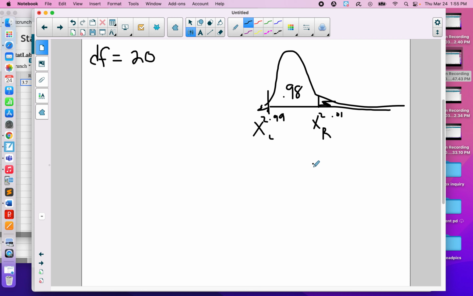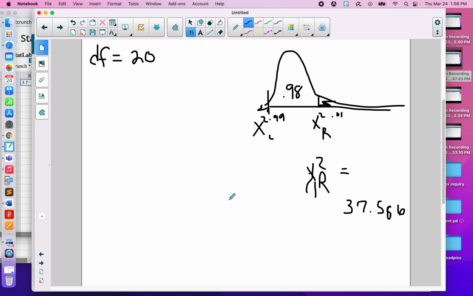And for my right value, my chi-squared to the right, the chi-squared to the right is underneath the 0.01 value on that 20 row. If I'm not mistaken, that's 37.566. But look at your table, and if it's a different number, blame it on the head and not the heart. I think I'm on the right row.